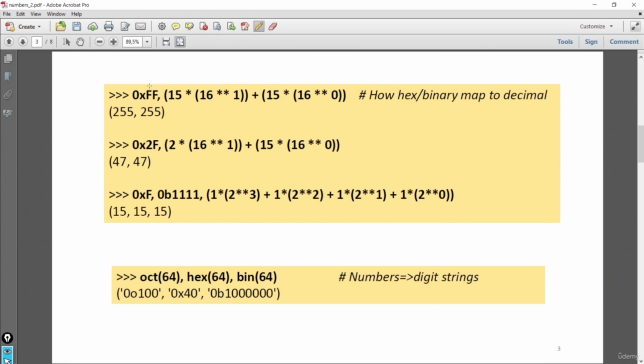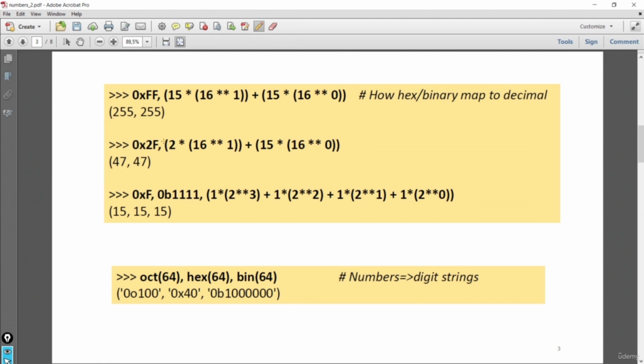This is converted to decimal automatically by the interpreter. This is the conversion formula written by us. Okay, this is 2f. Its result in decimal equals 47.